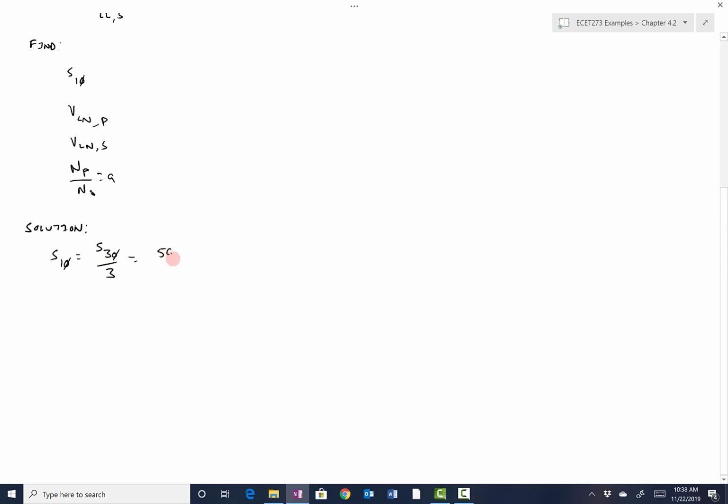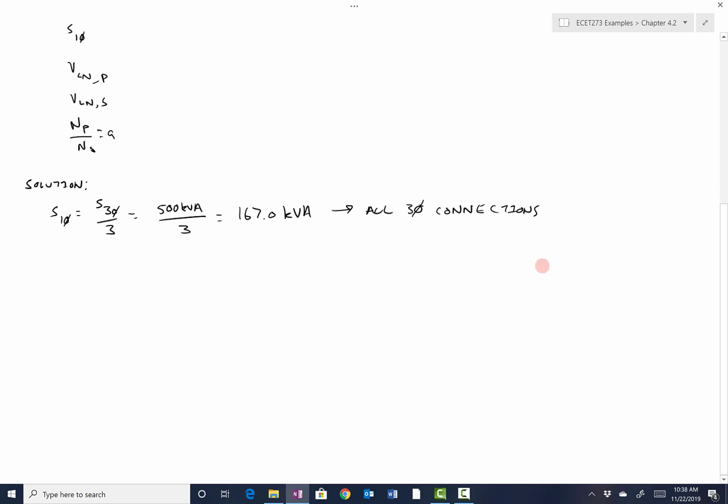So that's 500 kVA divided by 3, and that gives us approximately 167.0 kVA for all of the connections. Doesn't matter if it's delta delta, YY, Y delta, or delta Y. Each of the individual transformers used to build this bank needs to be rated to deliver 167 kVA. So we don't have to repeat that calculation for each of the different configurations. So that's for all of them.